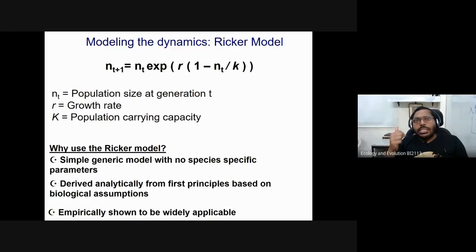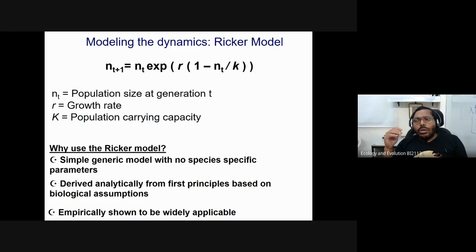So basically this model has been applied for bacteria, for fungi, greatly for insects, for several other invertebrates, and for fishes. It's in the context of fishes that this became famous to begin with.